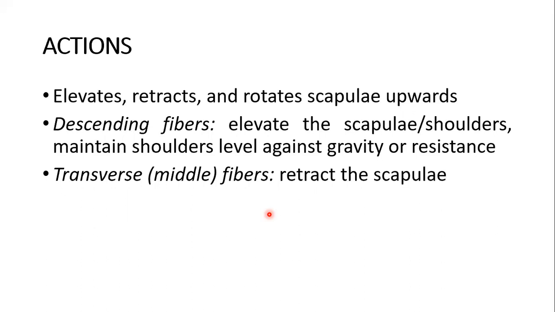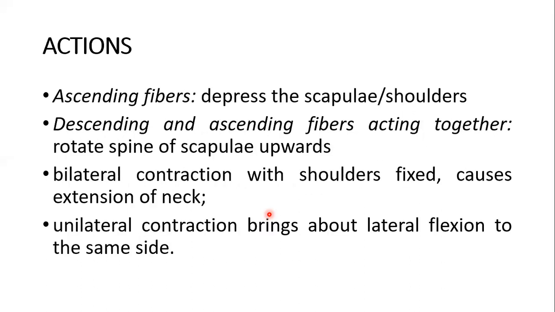The transverse fibers retract the scapulae, and the ascending fibers depress the scapulae. When the descending and ascending fibers act together, they rotate the spine of the scapulae upwards. That is the mechanism of abduction, which is discussed with shoulder joint movements.